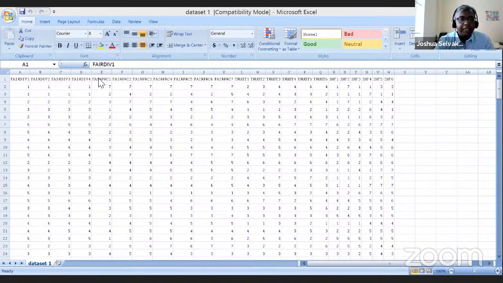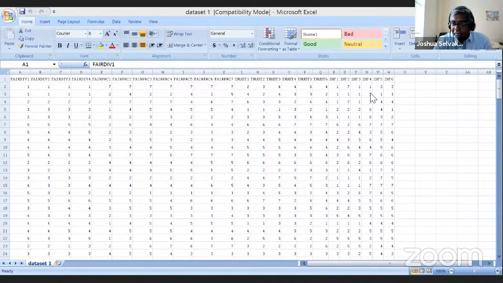Then here you can see fair prac 1, fair practice 2, fair practice 3. There are about seven variables which explain fair practice, one construct. Then there is one more construct: trust 1, trust 2, trust 3. There are about six variables explaining a variable called trust.